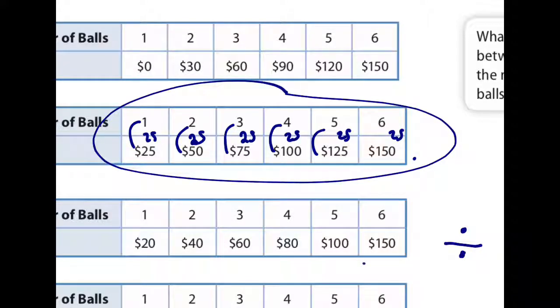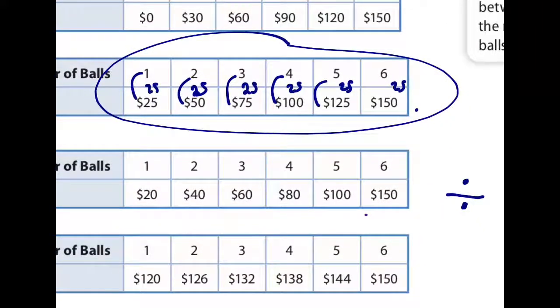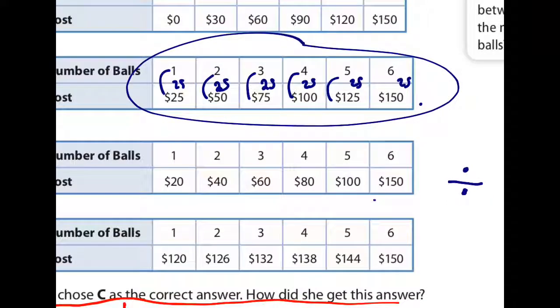Now, what would happen if we chose one that was wrong? So we start, remember, 150 divided by 6 is 25. But 100 divided by 5 is 20. 80 divided by 4 is 20. 60 divided by 3 is 20. 40 divided by 2 is 20. And 20 divided by 1 is 20.